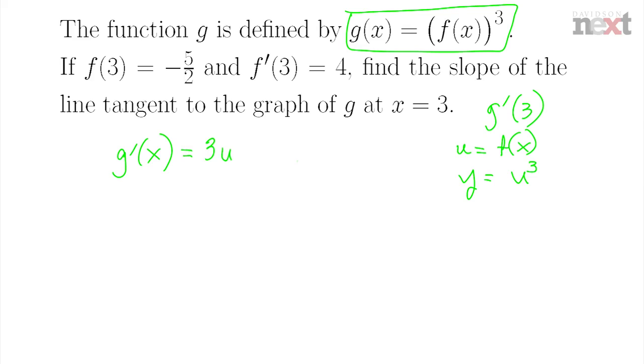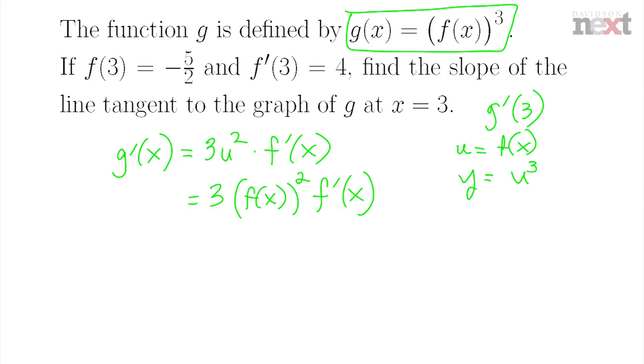So g prime of x is going to equal 3u squared, the derivative of y with respect to u, times f prime of x, the derivative of u. Substituting u with what it's equal to, 3 times f of x squared times f prime of x is the expression for g prime of x.